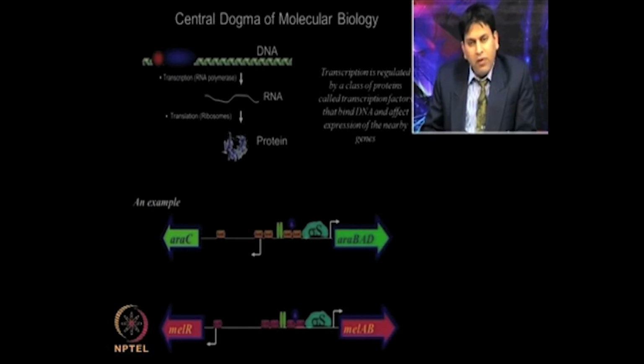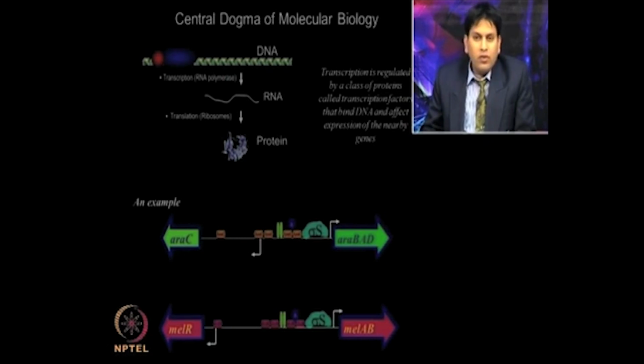Now, the transcription factor AraC not only binds to the upstream of araBAD, but it can also bind to itself and control its expression, as you can see from the small orange boxes which are shown as a representation for the binding sites. What this suggests is that a transcription factor can auto-regulate, bind and regulate its own expression, or it can also bind to other genes controlling their expression.